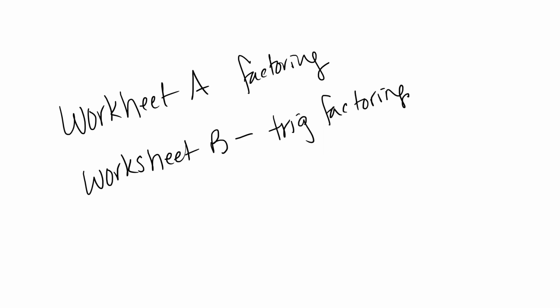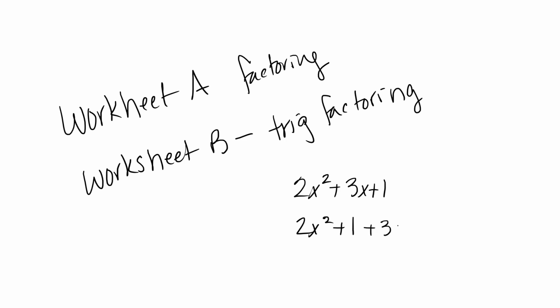Just a note, if you see any problems on either of these that really kind of aren't in our format, like 2x squared plus 3x plus 1, if you saw something like 2x squared plus 1 plus 3x, just rearrange that constant term, just move that to the back so that it looks normal, okay?